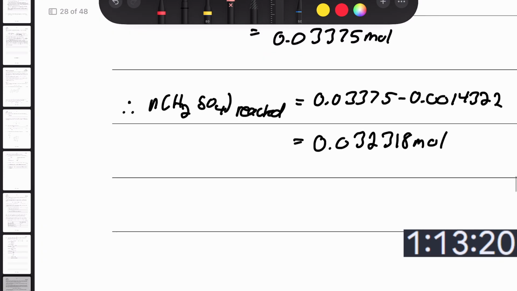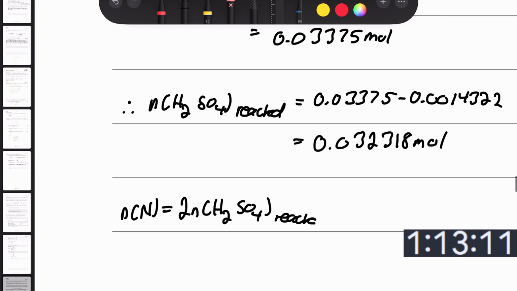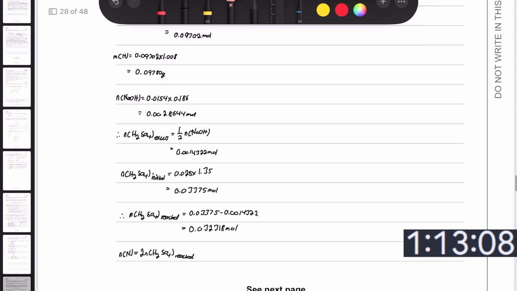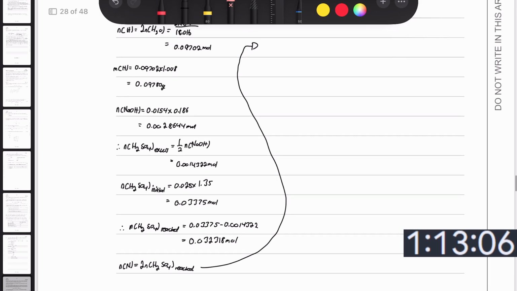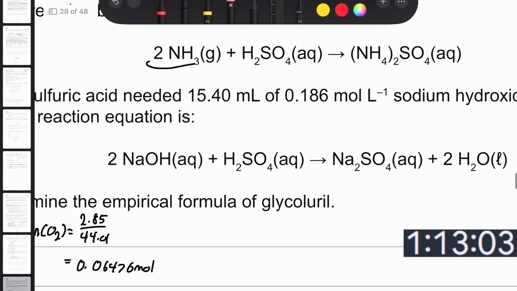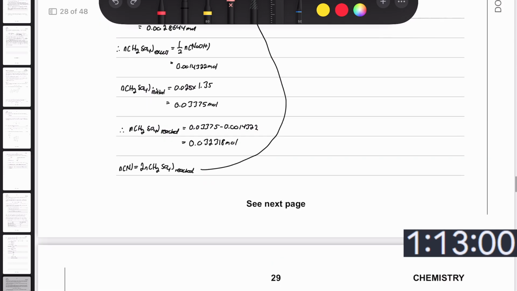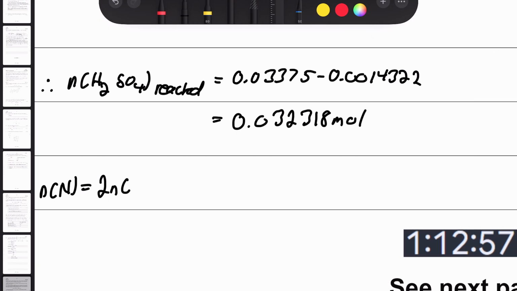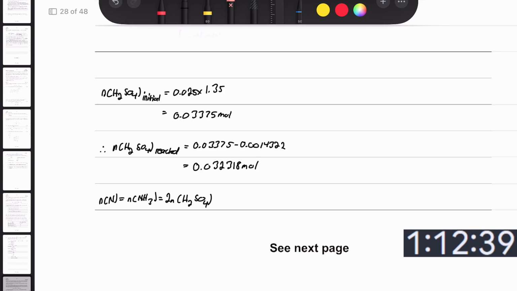So then my number of nitrogens is going to be equal to 2 times the number of H2SO4 reacted, because I have 2 nitrogens per H2SO4. The number of nitrogens is equal to my number of ammonia, which is equal to 2 times the H2SO4 from my stoichiometric ratios.